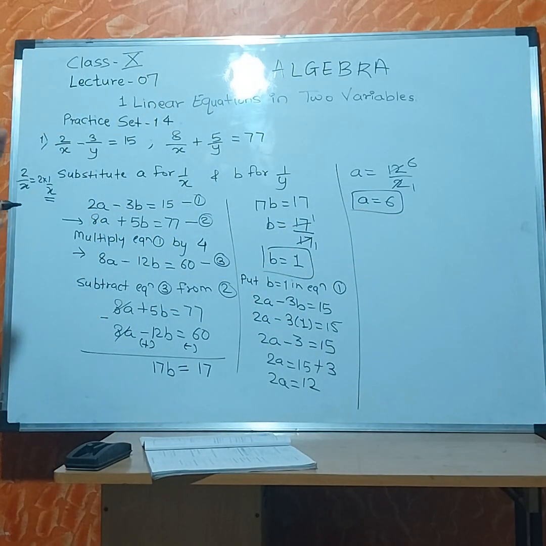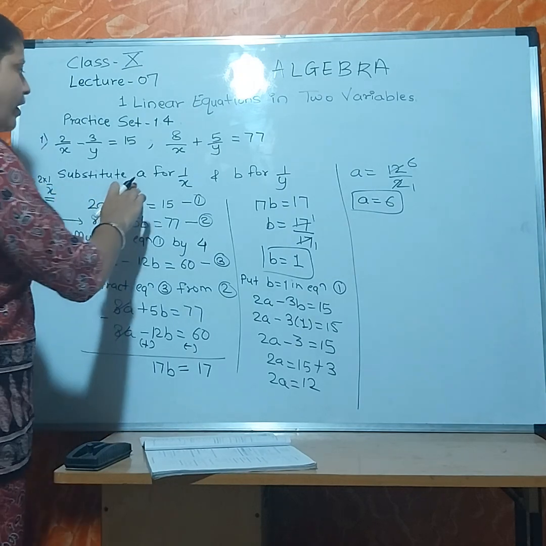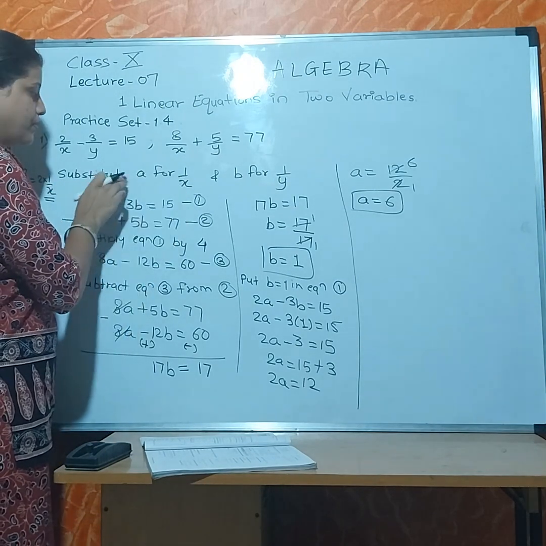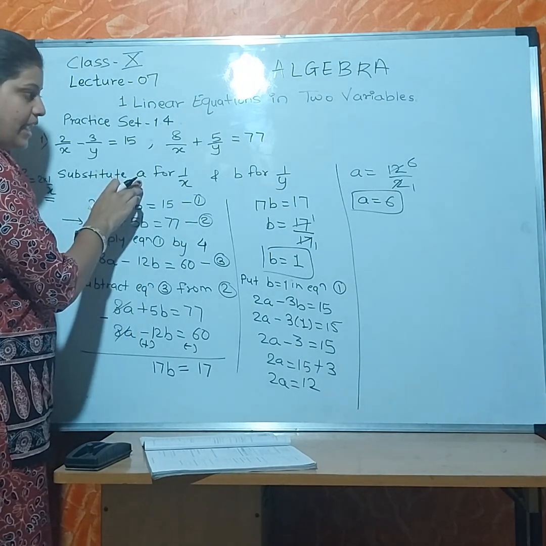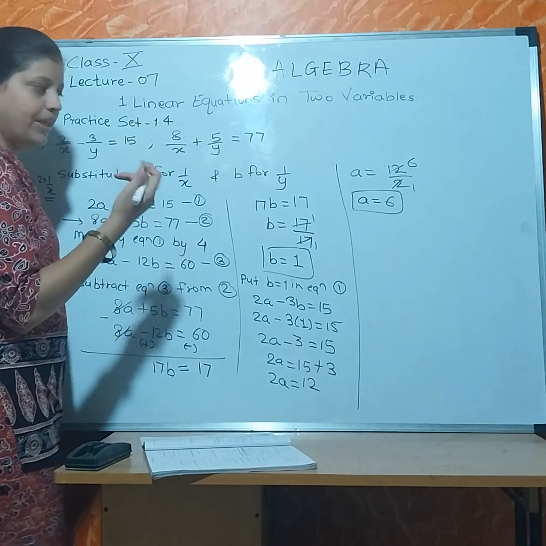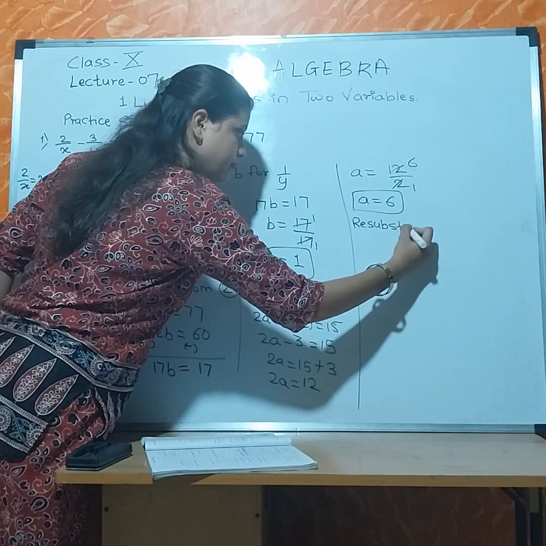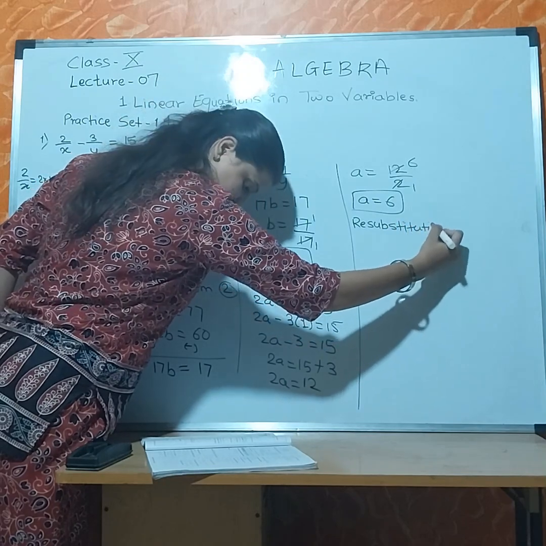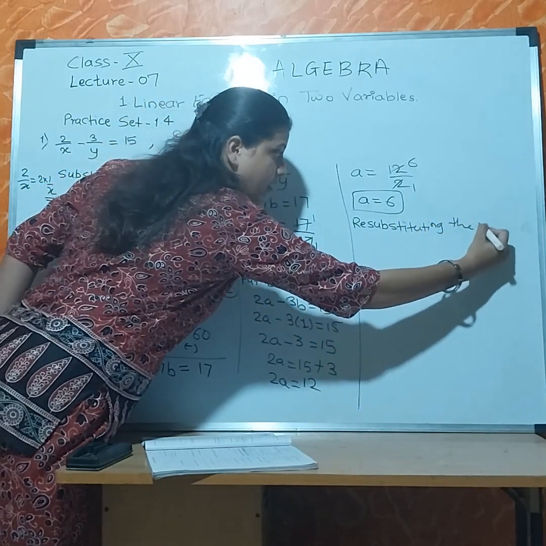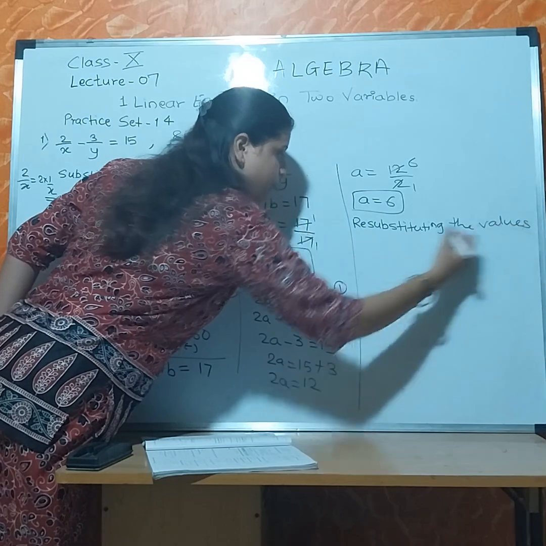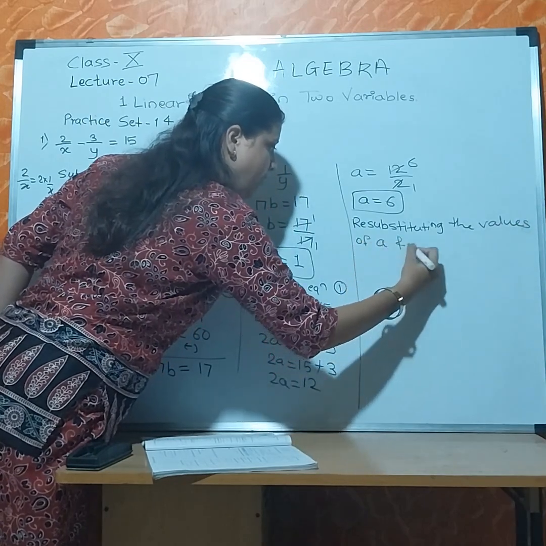But this is not the final answer. We have to find the values of x and y. Here, for a, for 1 upon x, we have to resubstitute a, and for 1 upon y, b. So resubstituting the values of a and b.